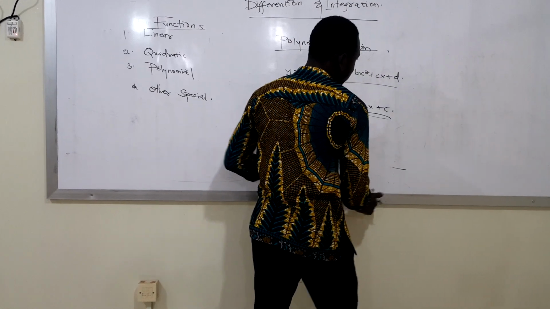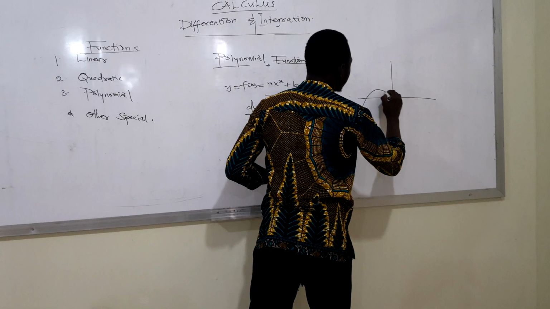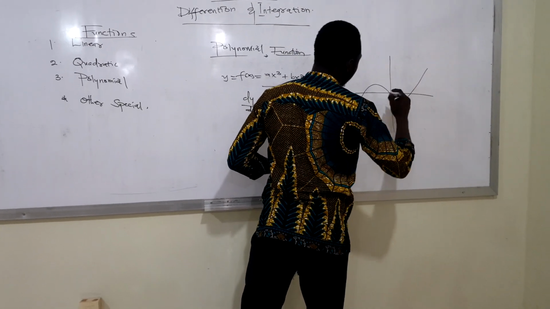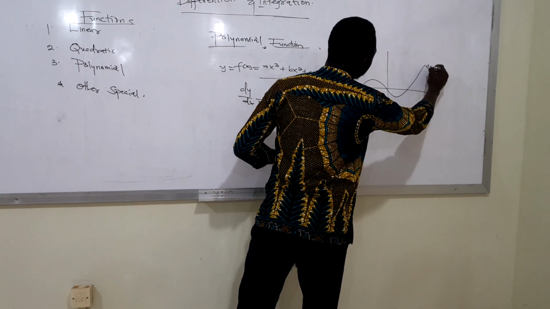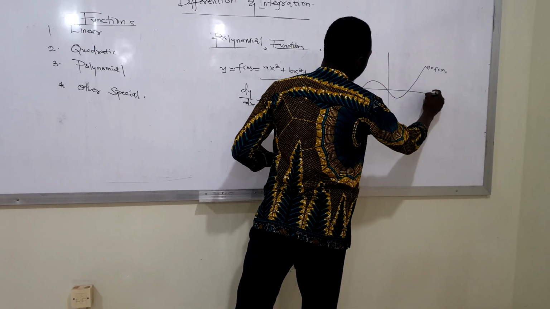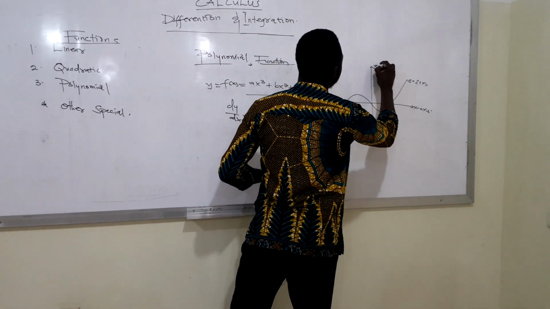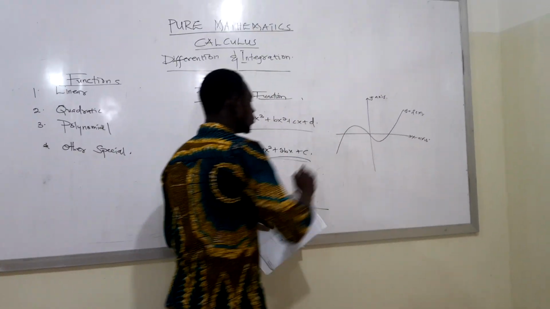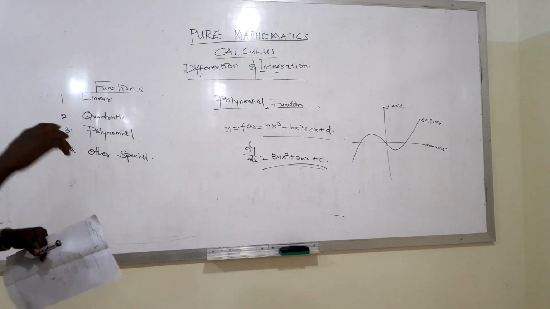So it can form any shape like this, and this will be my y is equal to f of x. Then this is my x axis, and this is my y axis. So basically, it can fall within these shapes, and it has two turning points.